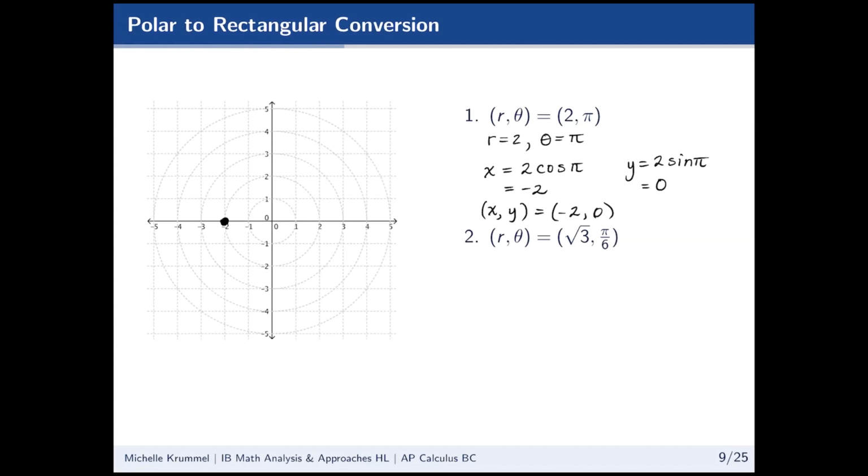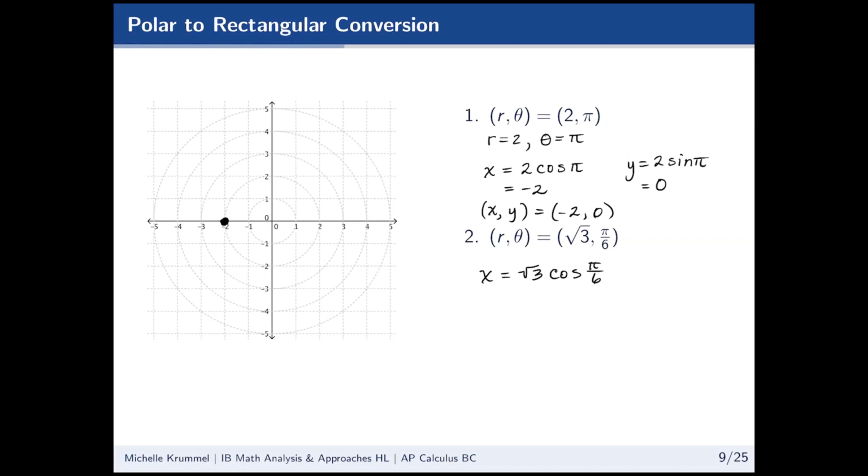For number 2, we have the point with polar coordinates √3, pi over 6. So that one may be a little harder to plot just by looking if we don't know exactly how far √3 is from the pole. So let's just try and convert. Here we have x equals r times the cosine of theta. So the r is √3 and the theta is pi over 6. √3 times the cosine of pi over 6.